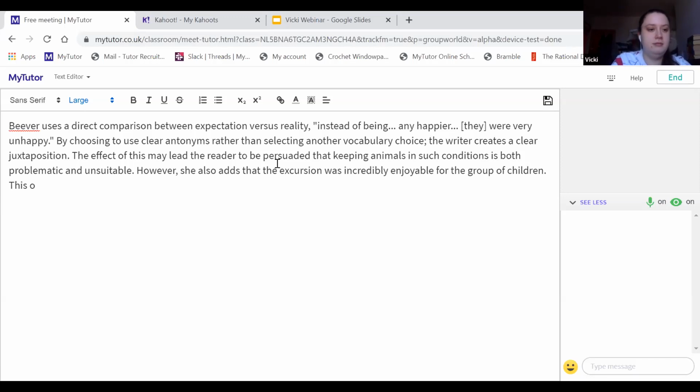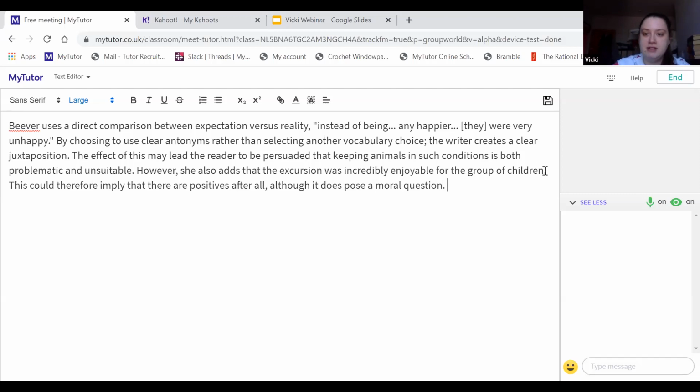This could therefore imply that there are positives after all, although it does pose a moral question. So moral question being, is it right for us to continue doing what we're doing for animals for our own enjoyment?